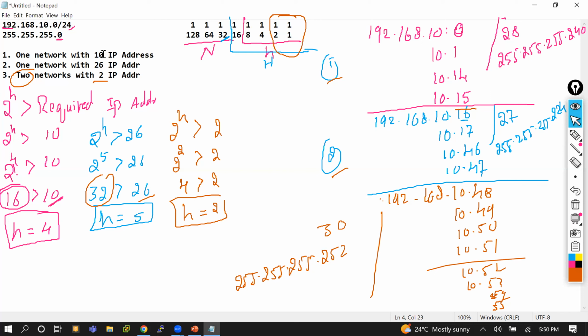You have to do the same problem with a different IP address: one network with 40 IP addresses, two networks with 18 IP addresses, and two networks with 2 IP addresses. First take it down, then do it. Everyone, I'll come back.